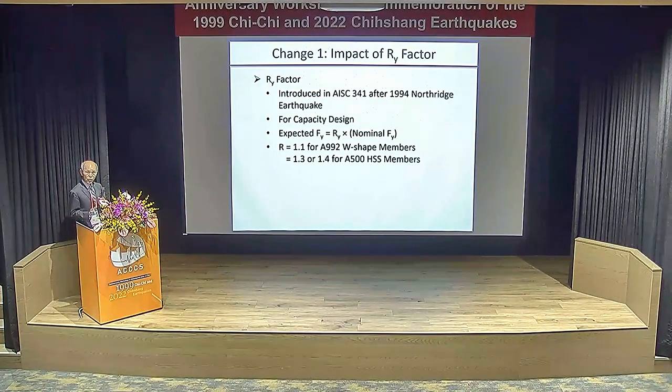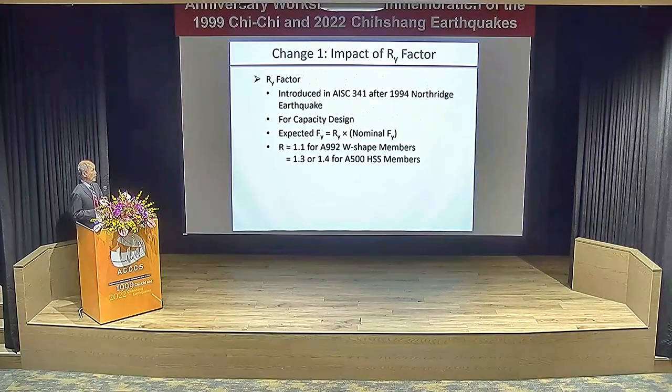It is mainly for capacity design, because we want to estimate the expected force for those members that are not supposed to yield. According to 341, the expected yield force is equal to the nominal yield force Fy multiplied by the Ry factor. Ry usually is larger than 1.